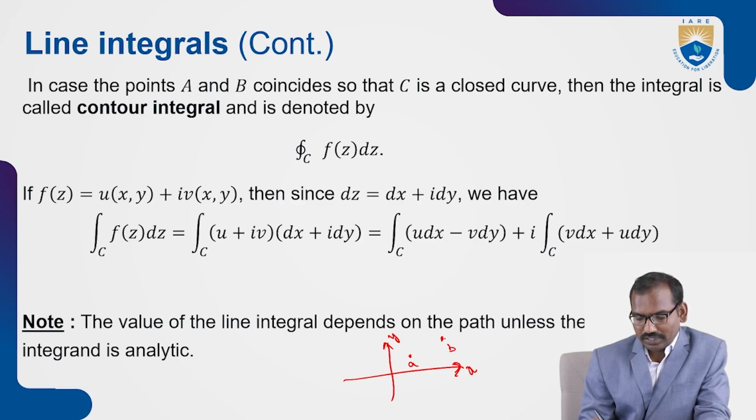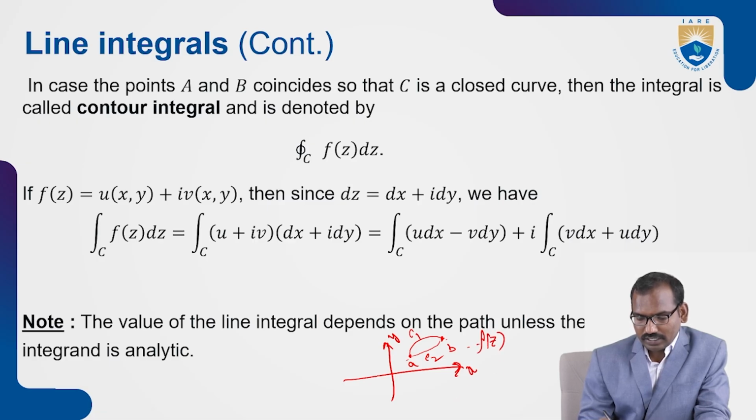I want to perform integration between a and b. There is a path connecting these two points, the curve C1, and another curve C2, also connecting a and b. And there is a function f(z).